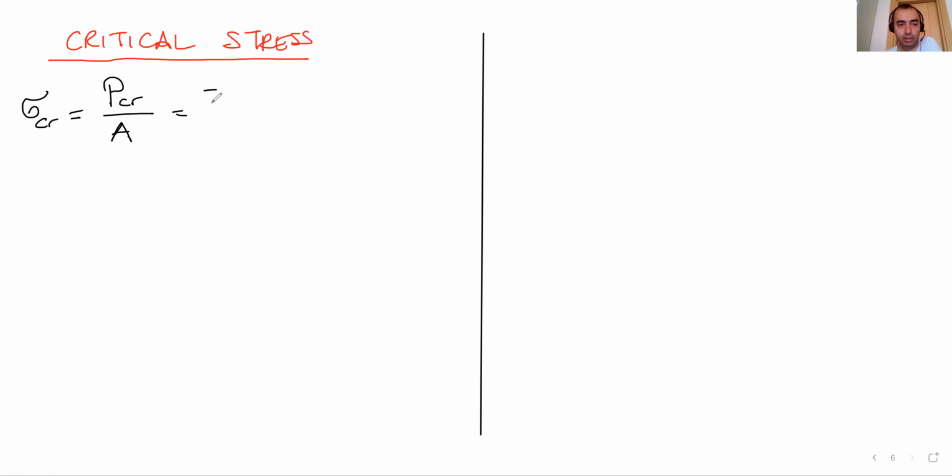Pi square EI over LK square. This is the force. And if we put here the area, so force over A, we will get this one. So this portion is P critical.